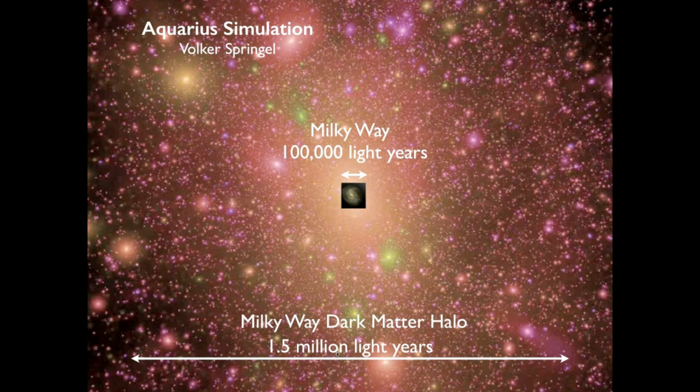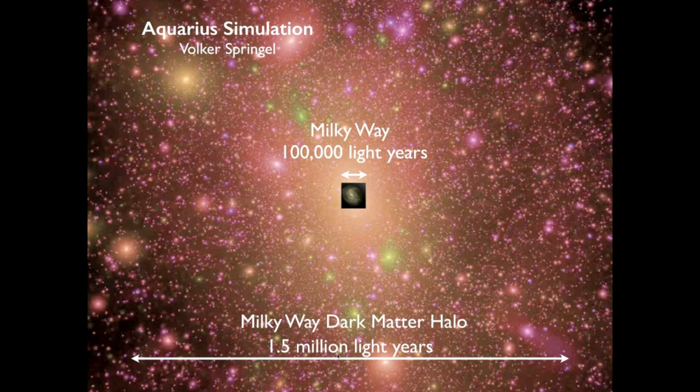The Milky Way's visible structure is only 100,000 light years across, about 30 kiloparsecs in radius. So the halo is more than 1,000 times the volume of the visible galaxy, of the bright starry part of the Milky Way. And that's typical for big galaxies like the Milky Way.